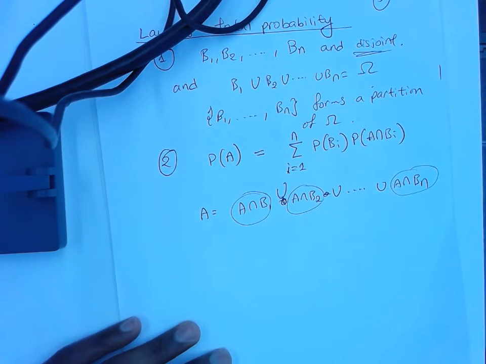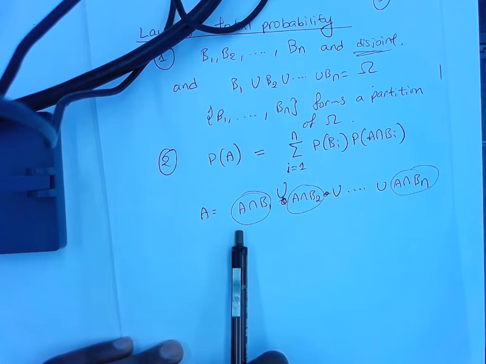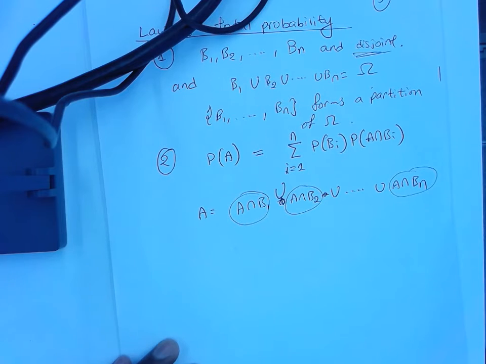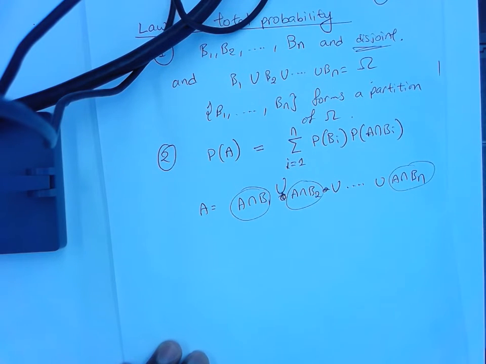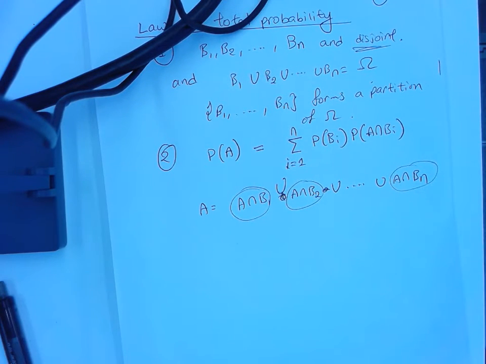So this is just an extension of what we just discussed with A and B here in this diagram. A and A complement are disjoint, and when you take the union of them, you get the entire set omega. Here there were only two sets, now we are going to n sets. The document which I'm going to upload also has a nice image to go along with it. Here they have three sets, B1, B2, B3. They're all disjoint, that means they don't have anything in common. Pairwise intersection is empty.